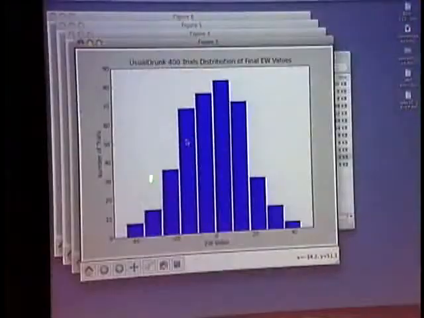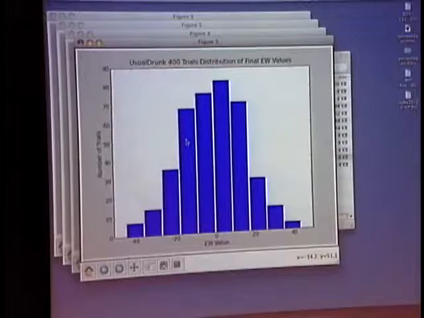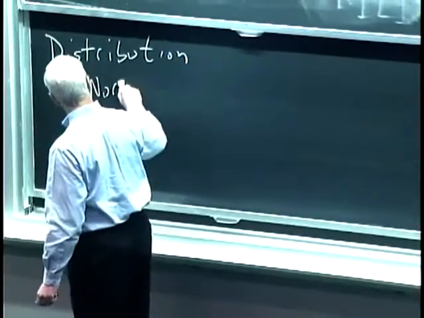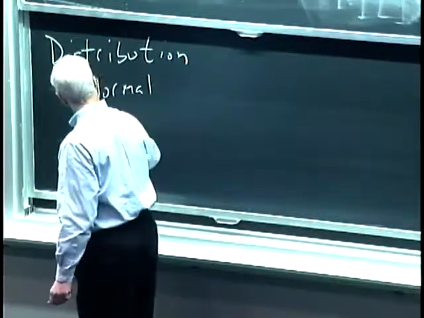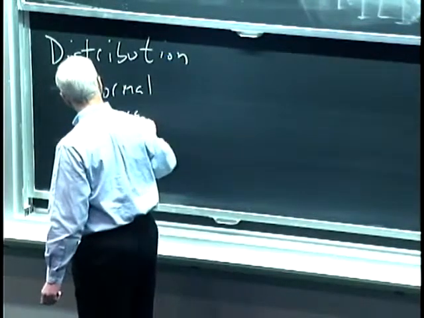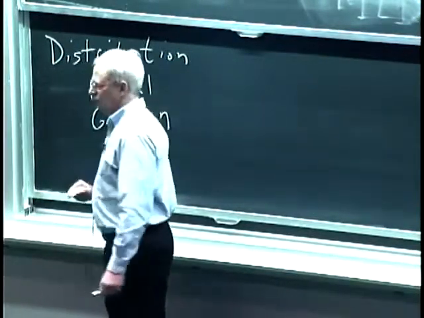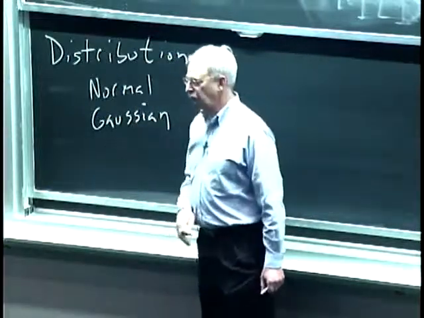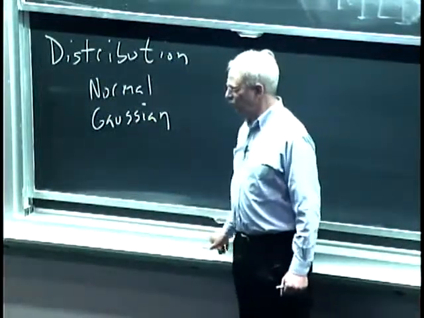This, by the way, is what's called a normal distribution, because once upon a time people believed that this was the way things usually happened. This is called either normal or Gaussian. The mathematician Gauss was one of the first people to write about this distribution.